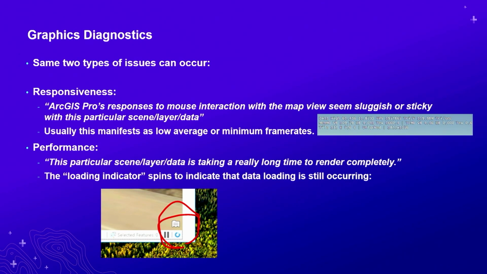It takes a really long time to draw this map or this scene or this layout. And then there's a loading indicator. So remember, Russell mentioned progressors. Our progressor is the little swirly thing at the bottom right of your map view and layout view that swirls to tell you that things are still occurring. We're still loading data, we're still drawing it, etc. It's right next to the pause drawing button on the lower right of any view.